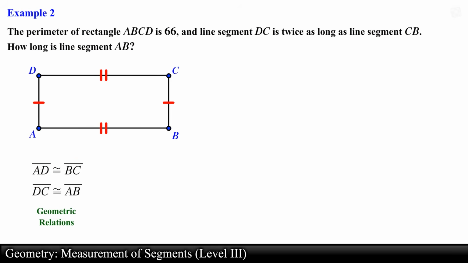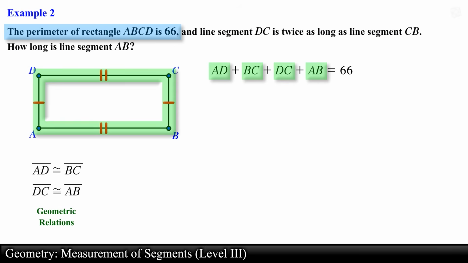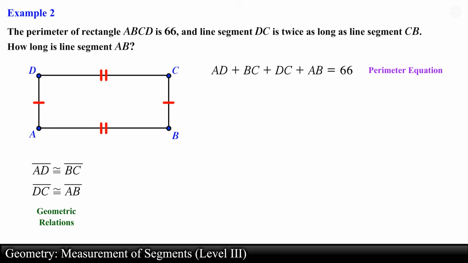Now that we have this information, let's take a look at the facts of the problem and use algebra to set up an equation. We know that the perimeter is equal to 66. This means that if we were to add all the line segments, it should equal 66. In order to solve an equation, we need to determine our unknowns and assign variables to these unknowns.